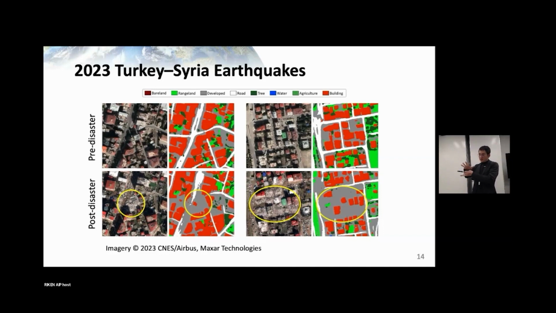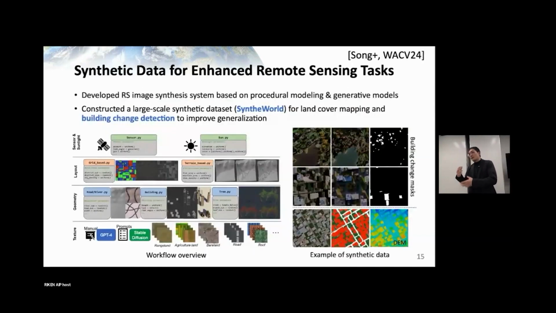Such a slight spatial misalignment can lead to lots of false positives if we just perform change detection by comparing those classification maps. So if possible, we also want to train the model on paired pre and post change images with change masks, but it's very, very expensive, more expensive than what we have made.